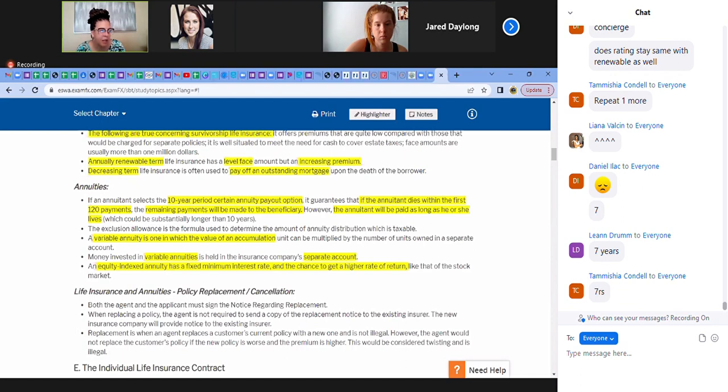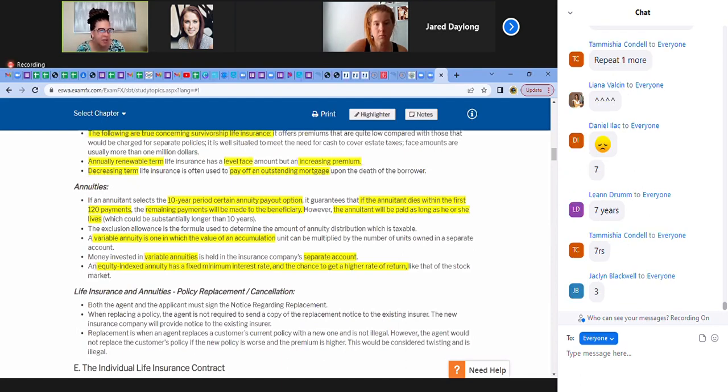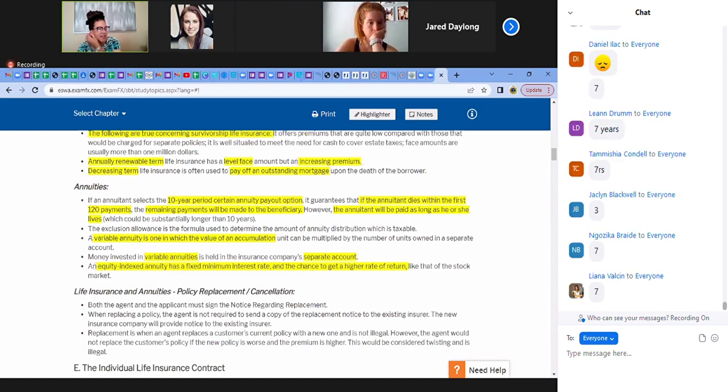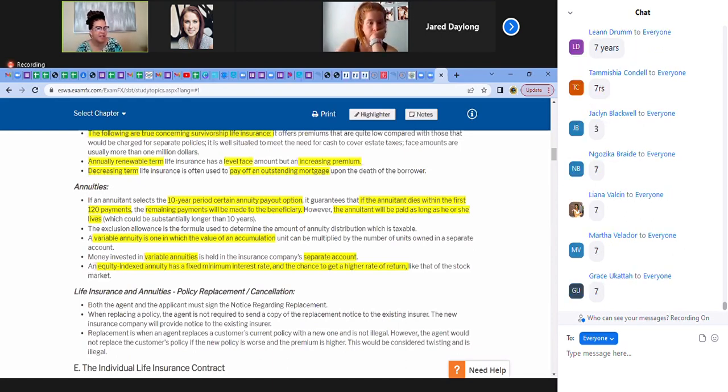Let's see. Nicole says 7, Daniel 7, Leanne 7, and the rest mostly 7. Okay. If 10 years is the most my beneficiary can get, and I receive 3 of the years, that means if something happens to me, they get what's left.